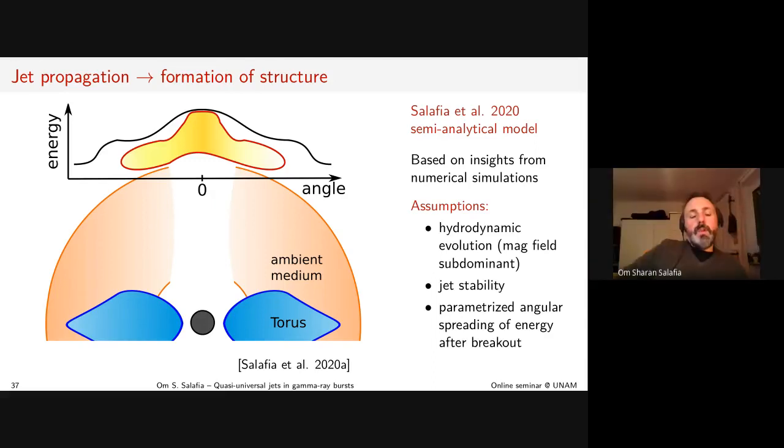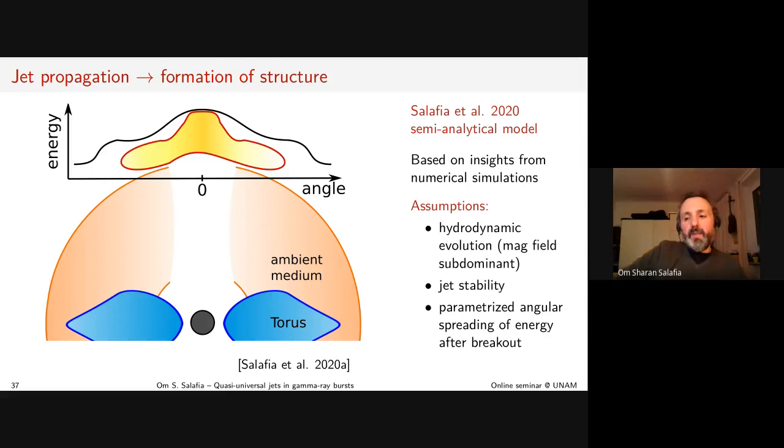Well, when you break out, if you are collimated at breakout, then you can lose the collimation to some degree, but not that much, because even if you expand at the speed of light in the co-moving frame, there is not much time in the lab frame for the lateral expansion to take place.